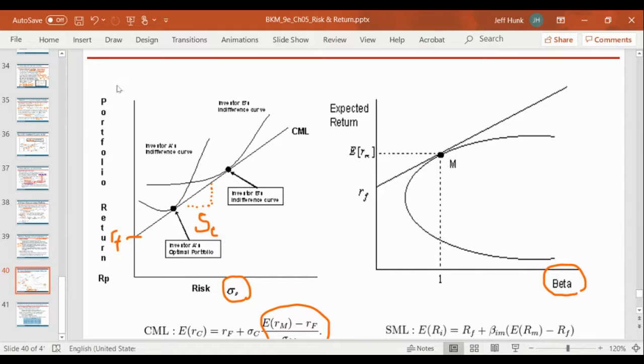Here the vertical axis is risk premium, the excess return, but in the security market line, the vertical axis is just expected return.